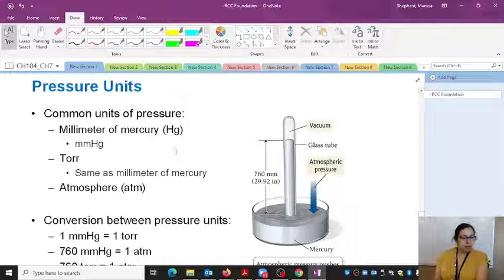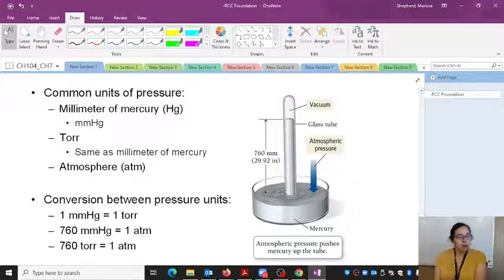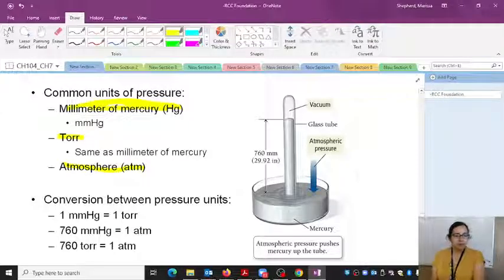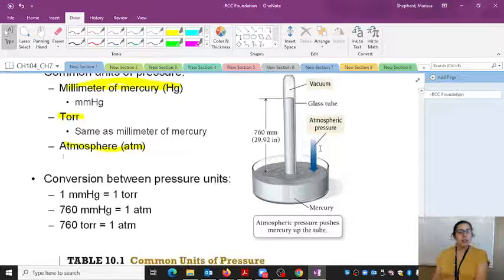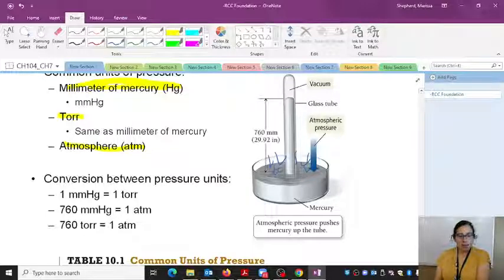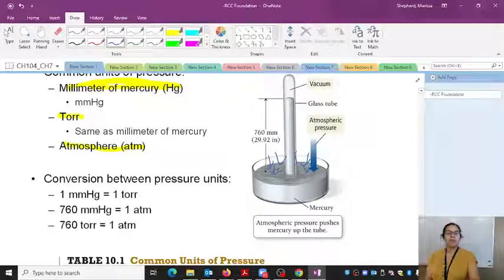So some common units of pressure are going to be given in probably millimeters of mercury, torr, or atmosphere. And here's a little barometer. How this works is you have a pool of mercury, and then you have this glass tube that's under a vacuum. You can imagine all the molecules of air colliding down on top of the mercury, doing a bunch of collisions.